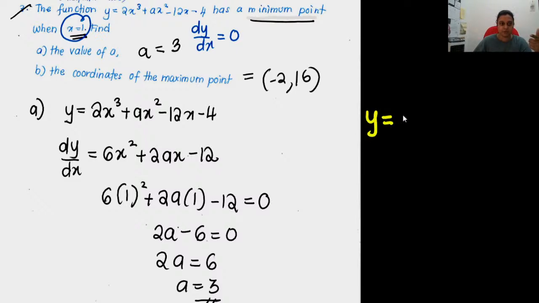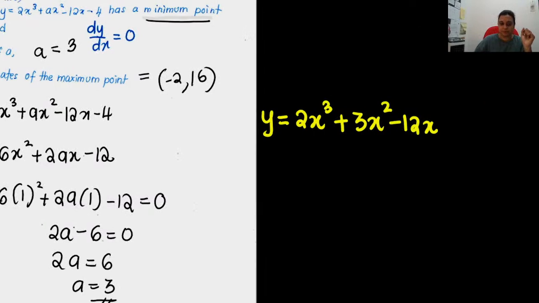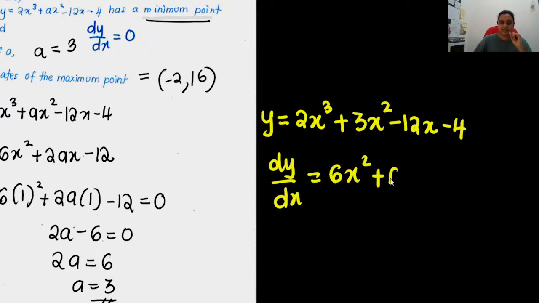Y equals 2x cubed plus, this time the a you substitute as 3, x squared minus 12x minus 4. From here you find your dy/dx. So we will get 6x squared plus 6x minus 12.